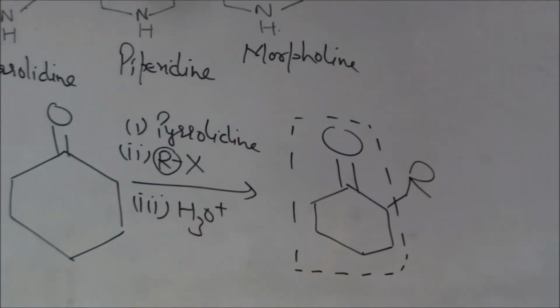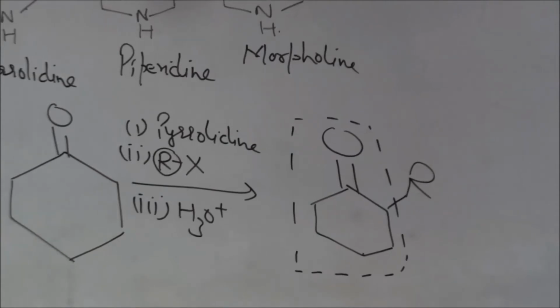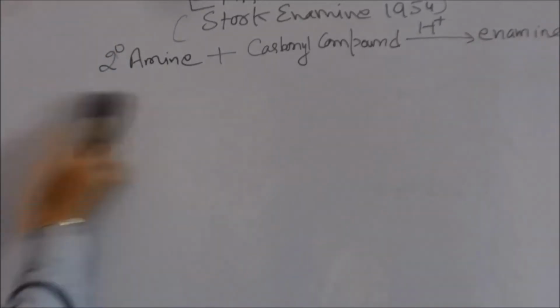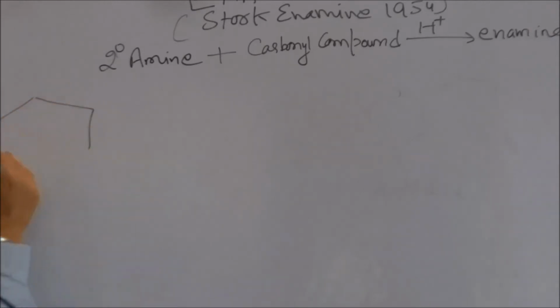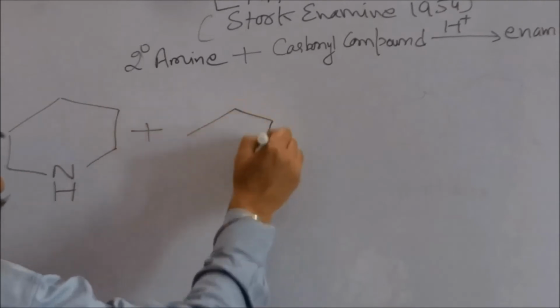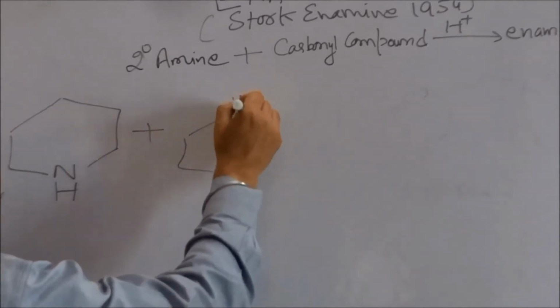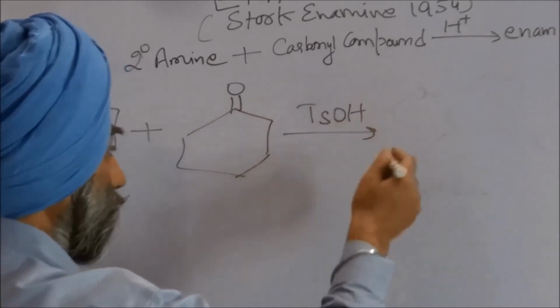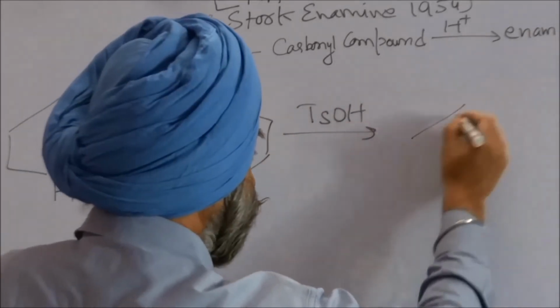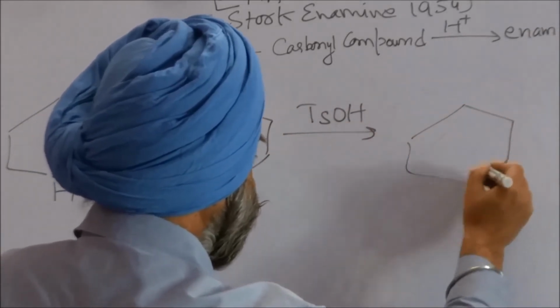Now we will discuss the mechanism of the enamine synthesis reaction. Let us do a reaction between piperidine and a carbonyl compound, for example cyclohexanone. This results in formation of an enamine in the presence of tosyl alcohol.